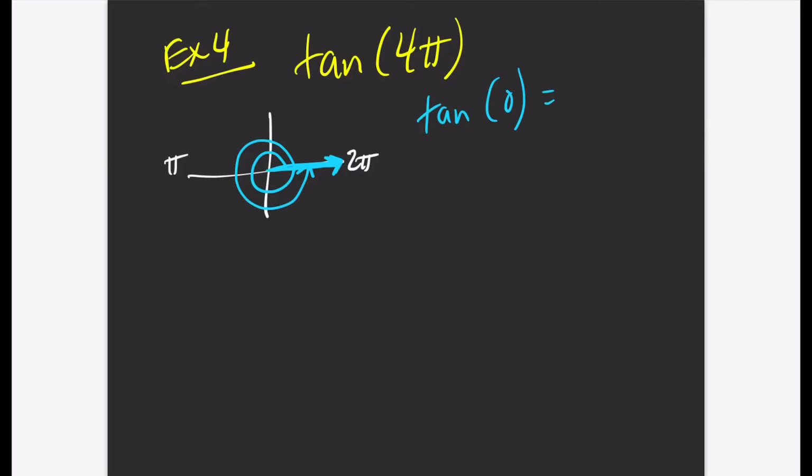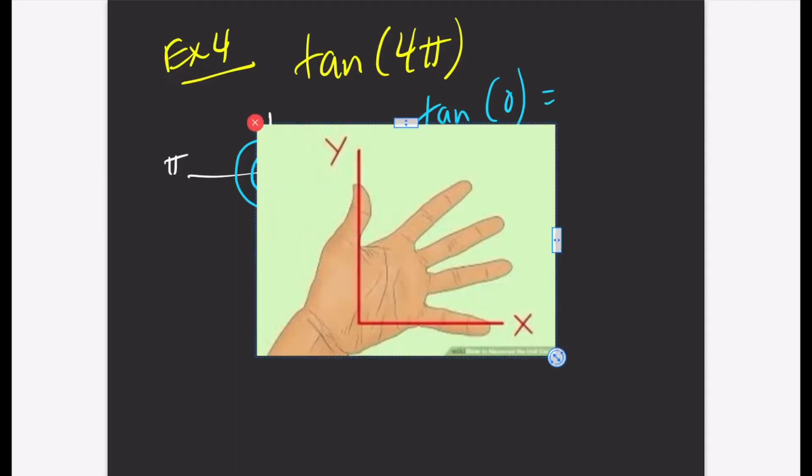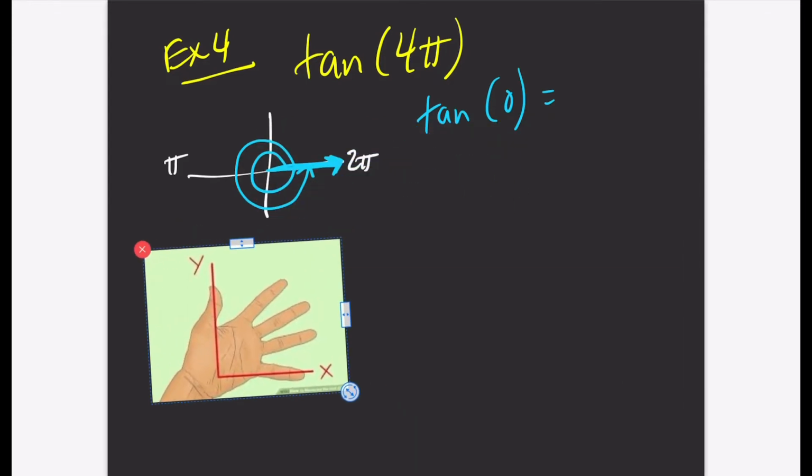So let's go back to our hand. So 0, pi over 2, and of course I'm just labeling out so you can get some practice, so you can memorize that. Our reference angle was 0, so we are having our pinky pulled back. We're doing tangent. If you remember from the hand trick formula, tangent is the square root of bottom fingers over square root of top fingers.